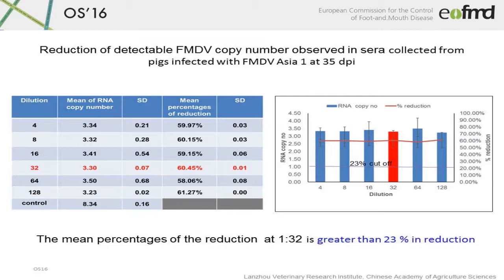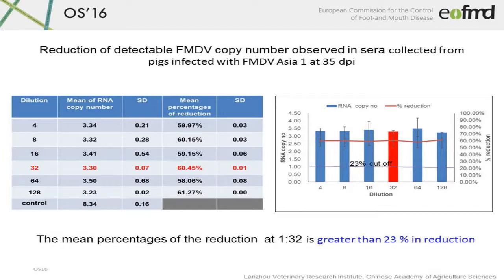These positive samples are all quite strongly positive by VNT, and even at 1/32 dilution the virus reduction due to neutralization activity is still quite strong.